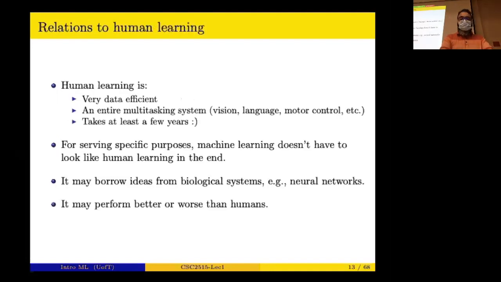Okay, so what's the relation to human learning? Well, humans are very good learners. We are very data efficient. We can solve some problems by just doing things a few times, which you can think of as having a few data points. We can learn the relationship. For machine learning systems, you need hundreds, thousands, or sometimes millions of data points to get to similar performance. Also, humans are very good at solving a wide range of tasks.